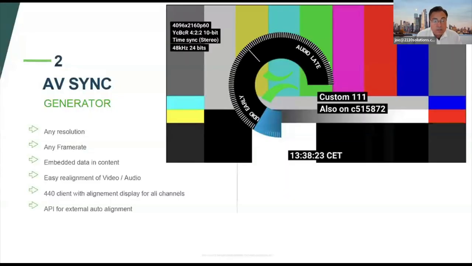That leads me into the next feature that we showed a while ago, but we had it at IBC as well. It's actually more refined at IBC, which is the AV Sync. So with the signal generator, there's an add-on, a free of charge add-on. The signal generator provides you all of your signal sources in any resolution and any frame rate.